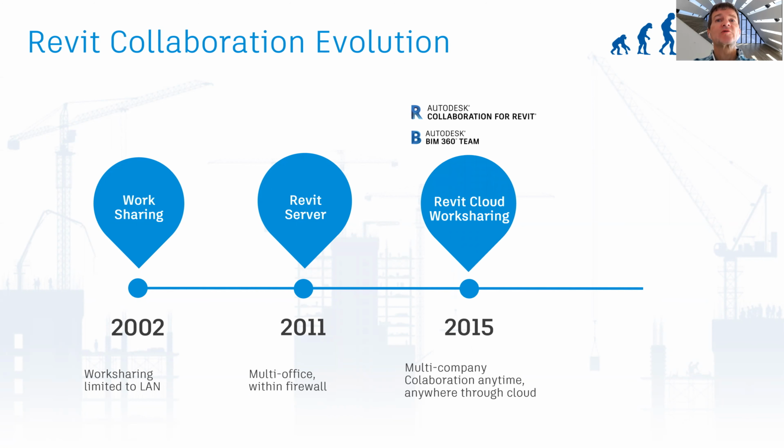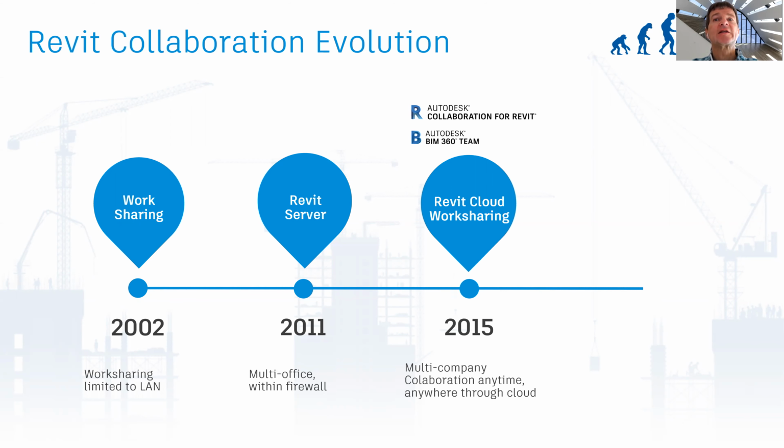Then in 2015, we came up with Revit Cloud Work Sharing, which we called Collaboration for Revit, connected with BIM 360 Team. But based on feedback from our customers, they found that BIM 360 Team is not really sufficient for work sharing as far as permission level control and other functionality.